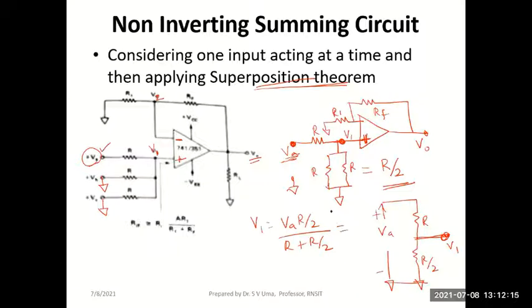If you can simplify this, how much will it come to? VA into R by 2 over 3R by 2, R by 2 cancels, I'll get VA by 3. Yes or no? I'll be able to get this voltage as VA by 3.